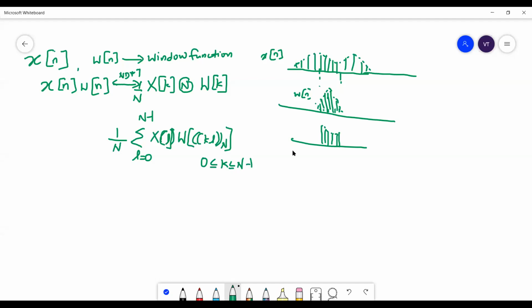So this is the circular convolution theorem in the frequency domain.